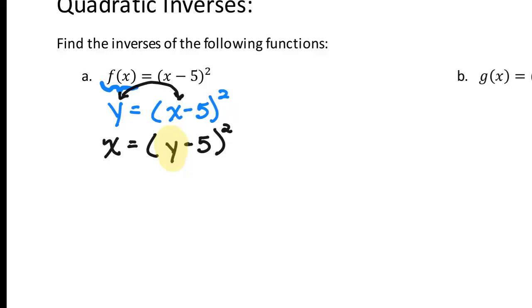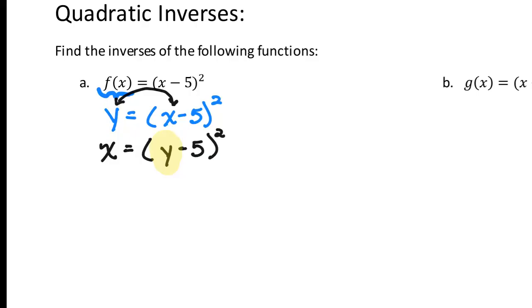So, how do I undo something that is squared? I need to take the square root. So I need to take the square root here, and I need to take the square root over here.